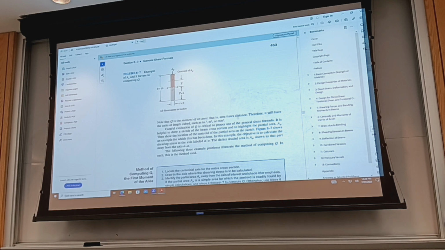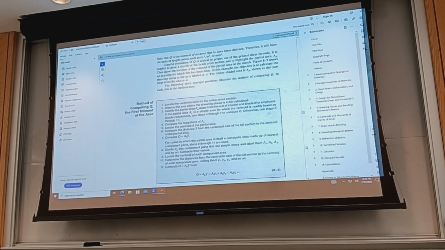Okay, so we defined the first moment of area. This is called partial area, and then we can have particular cases like you saw where the partial area is half of the total area.